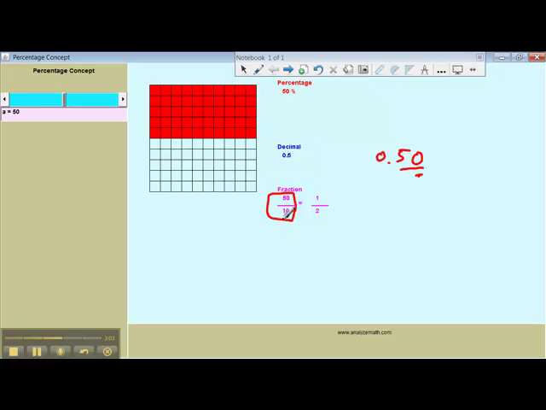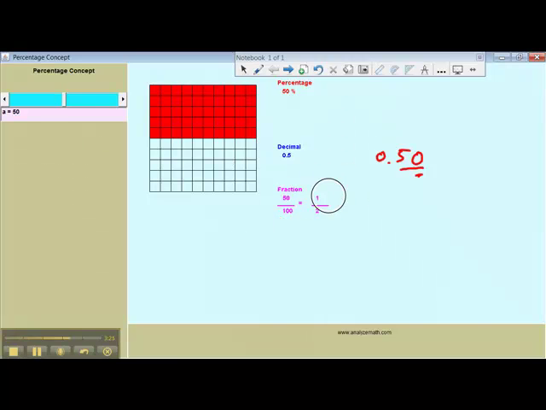Now we know that that's not simplified. If we simplify that, that is 1/2, which makes sense because if we divide this into 2 equal parts, half of it red, half of it still blue, that is 1/2. 1/2 of these cubes in the 100 grid are red.